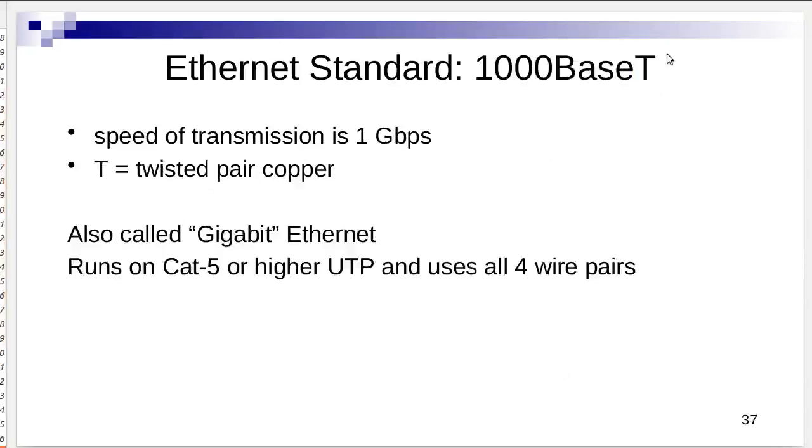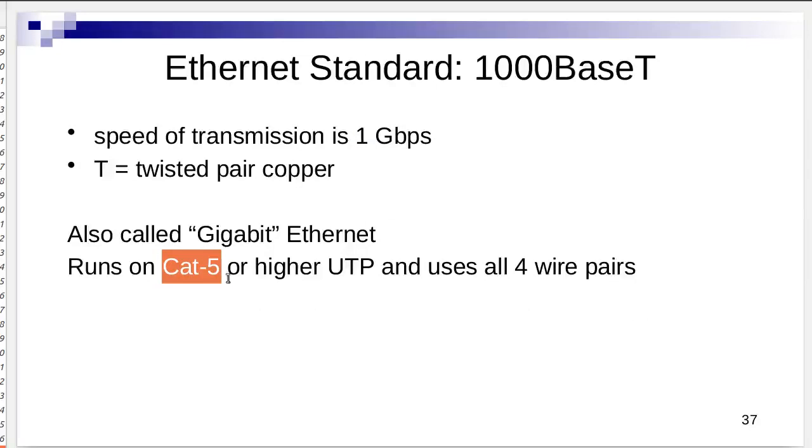1000 base T, once again, this is the speed in megabits per second, so 1000 megabits per second is the same as 1 gigabit per second, and this works on twisted pair copper. Cat5e can usually handle 1000 base T, but most of the time we use Cat6 for 1 gigabit per second.